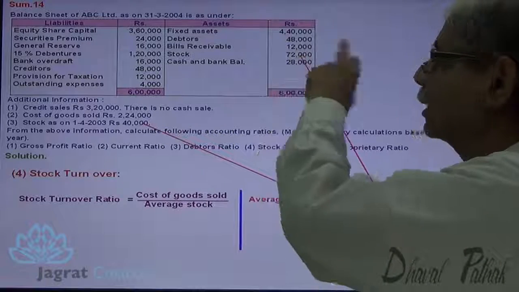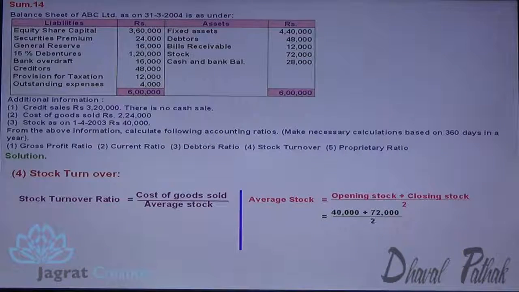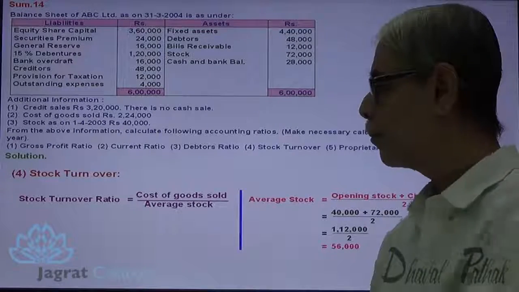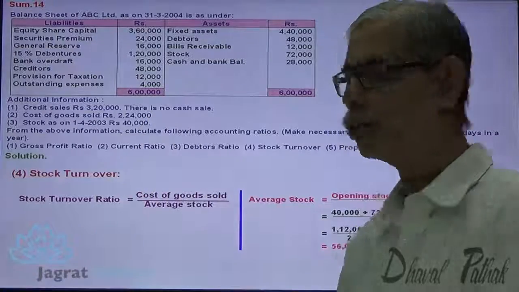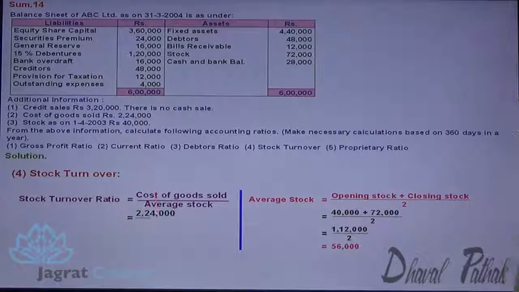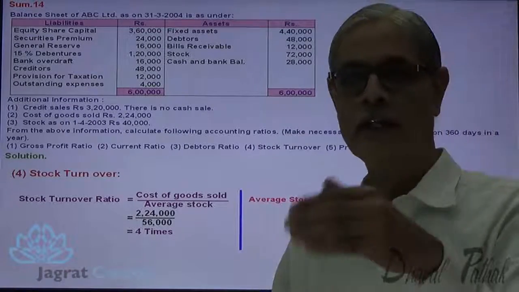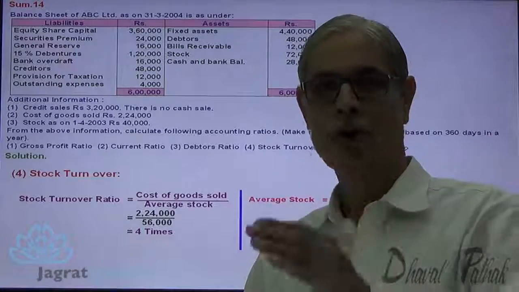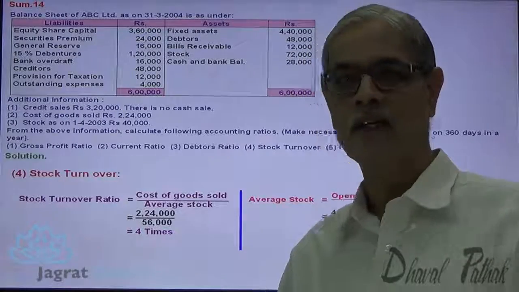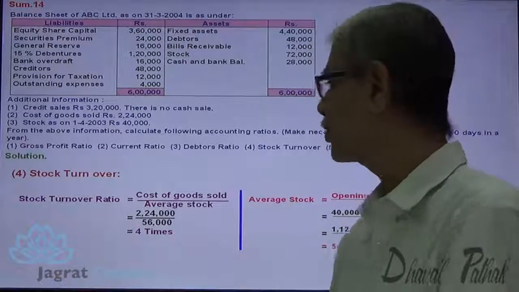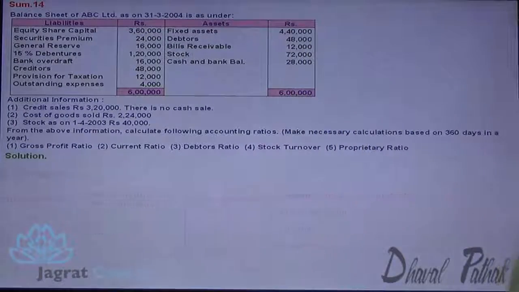Opening stock 40,000, closing stock 72,000. Total 1,12,000 is to be divided by 2, giving 56,000. This is the average stock. Now cost of sales is already given, 2,24,000 divided by 56,000, 4 times. Stock turnover ratio is 4 times. The stock gets turned over 4 times in the year. That's the interpretation. Next, proprietary ratio.